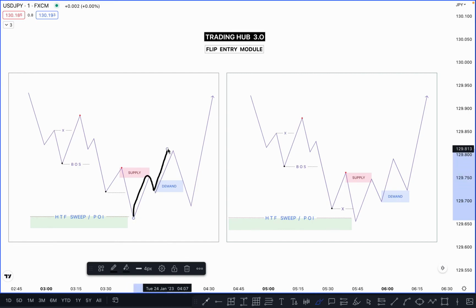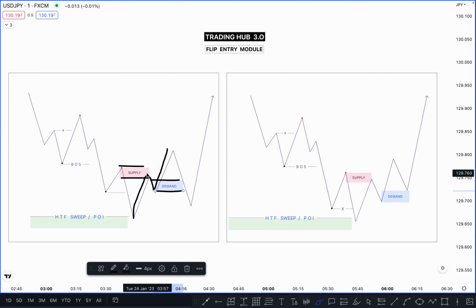So this process is called flip entry. It means it taps on your supply zone and creates a demand zone, because when the market breaks to the upside and then creates a valid order block at this point, this process is called flip, okay? It means supply converts into demand, and you can say S2D, supply to demand, right? So this is the process to identify a flip.